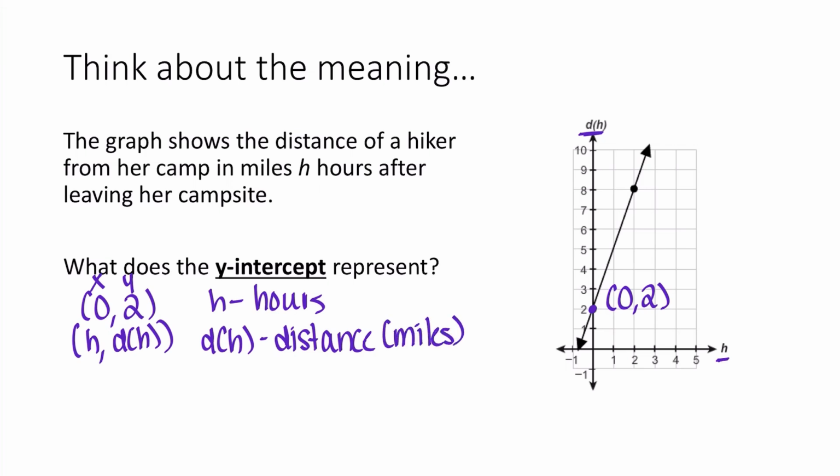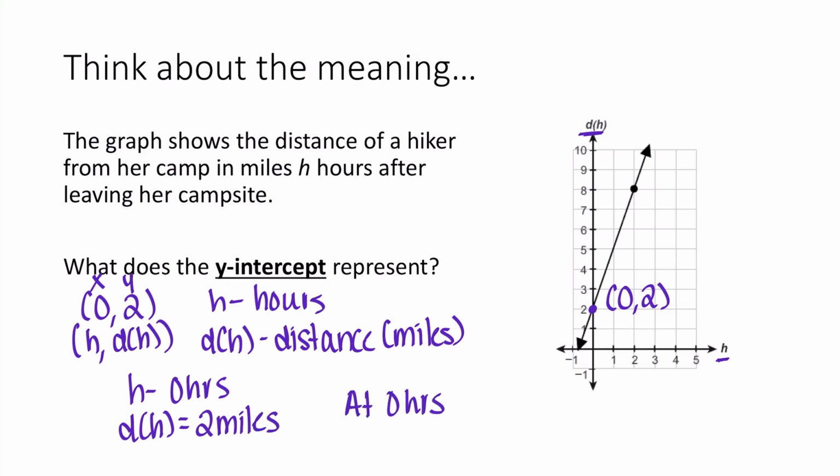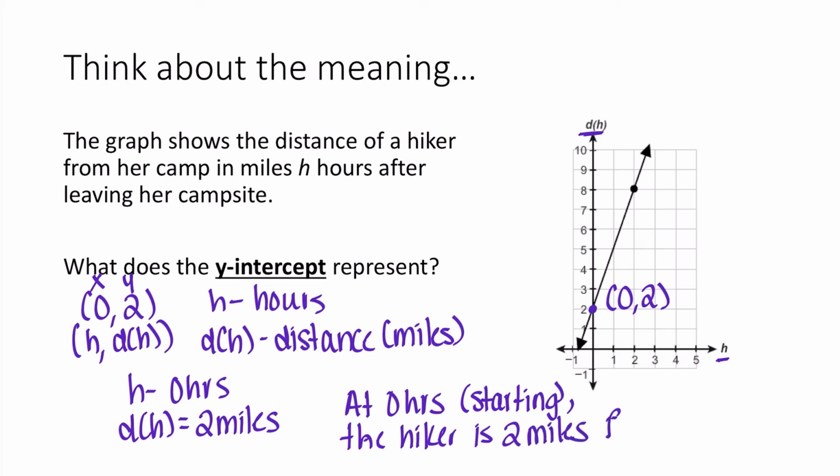So what this (0, 2) is telling us is that h equals 0 hours and d of h equals 2 miles. So what this is saying is that at 0 hours, which is where our problem starts, the hiker is 2 miles from camp.